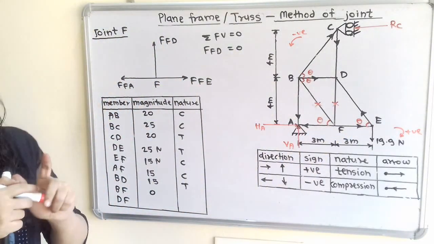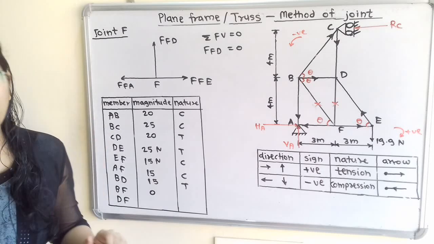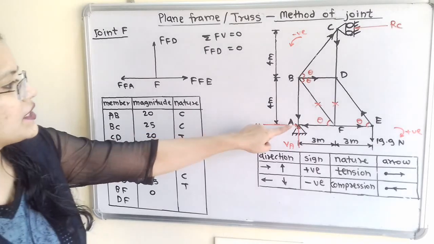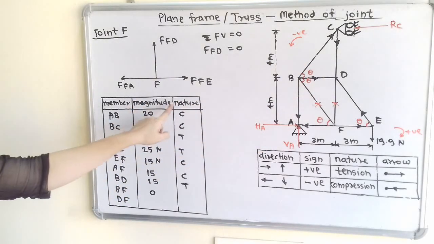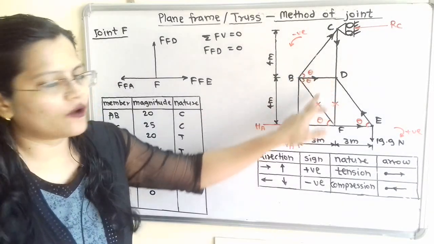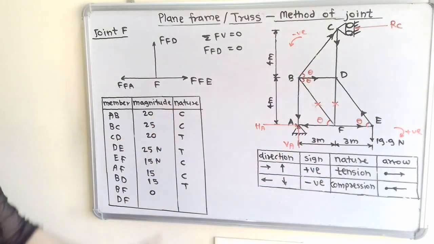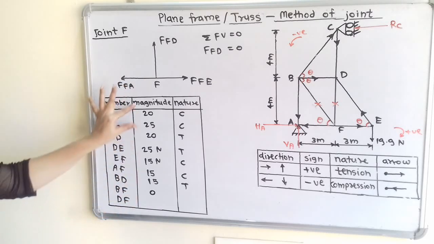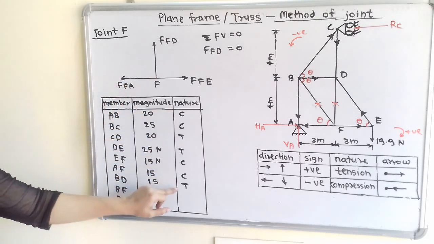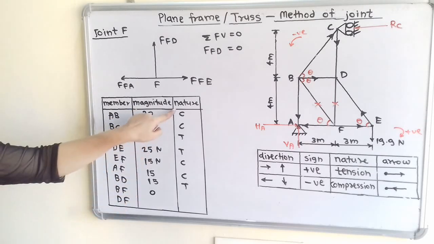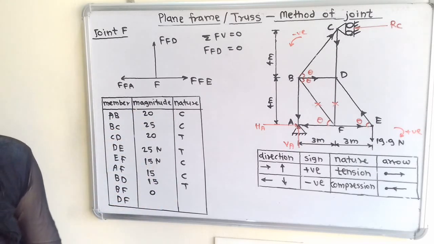Now we have to prepare the table as per the answer. So we have to first take members, all the members. Then the magnitude. So we have calculated the magnitude of force for each member, and then the nature of the member. Depending on the sign of this force magnitude, we have to write here the nature. No need to give the sign here, but it is important to mention the nature.